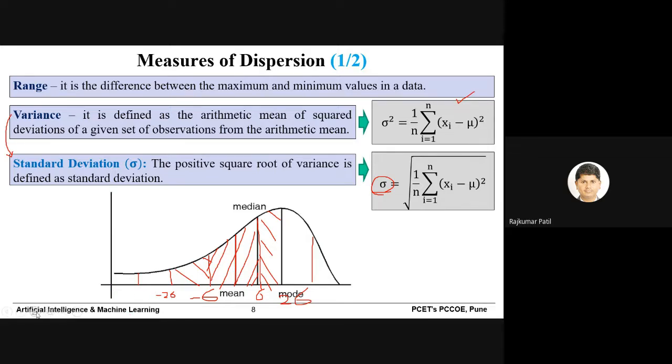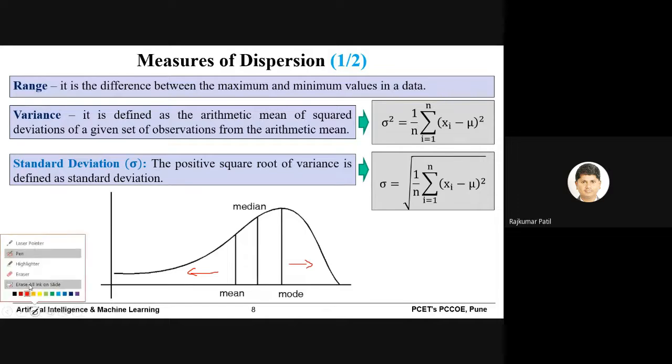So what I wanted to convey here is that we cannot rely only on the mean, mode, median, because they talk about only the center point of the data. But in real practice, we need to consider the variation. And we will take a typical example for this, right?